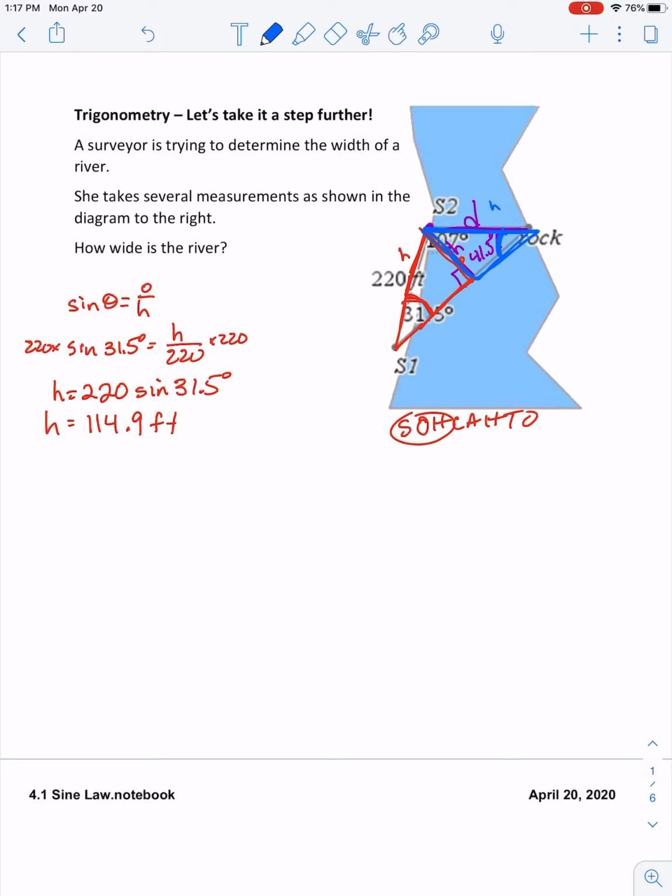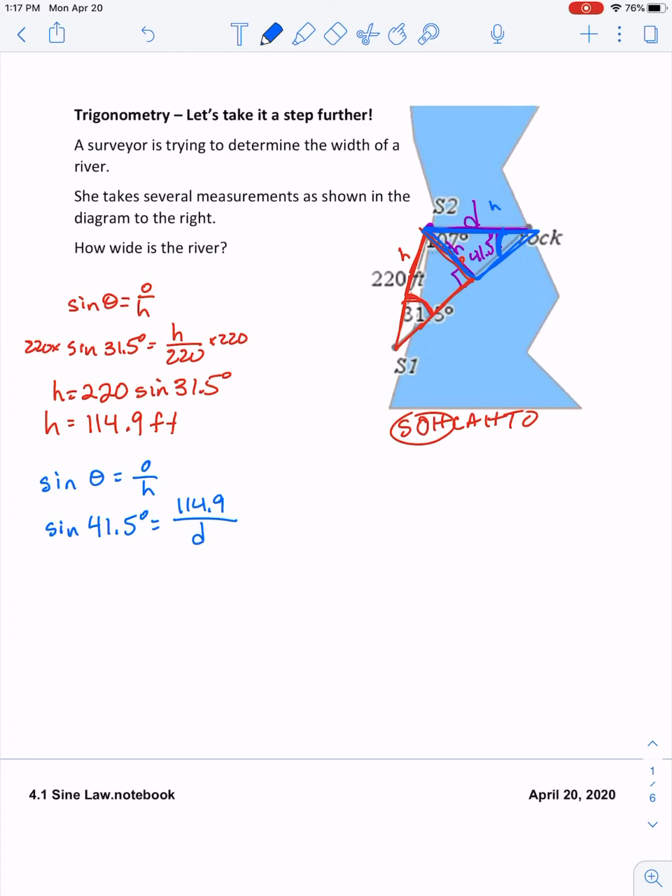So we're going to use sine again. Sine of an angle equals opposite over hypotenuse, so sine of 41.5 degrees equals the opposite, which we now know to be 114.9, divided by the hypotenuse, which we're calling d.